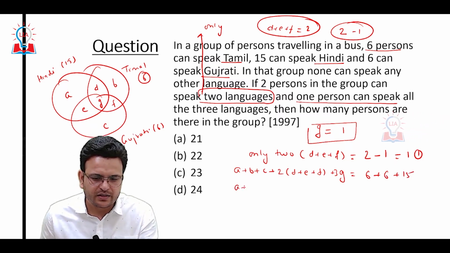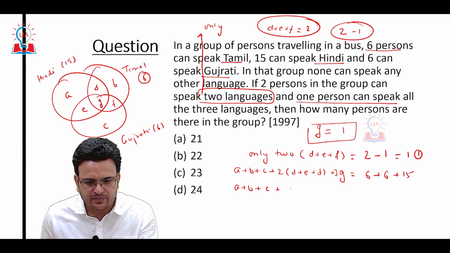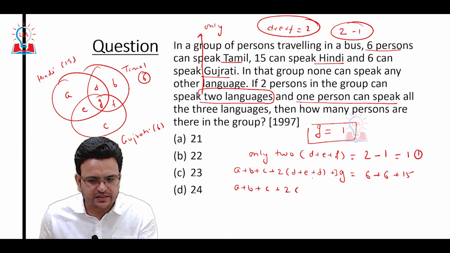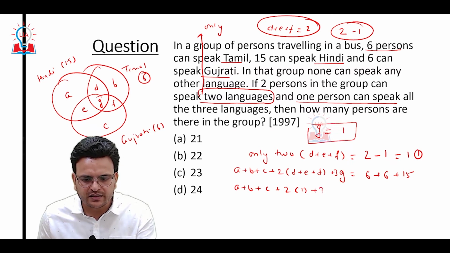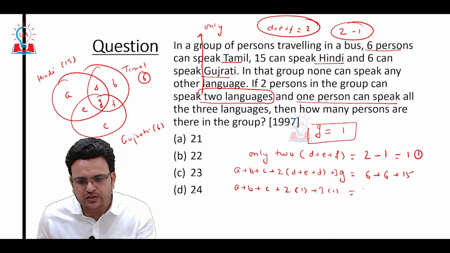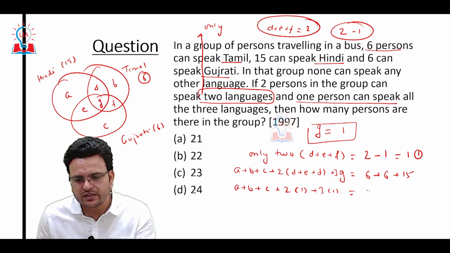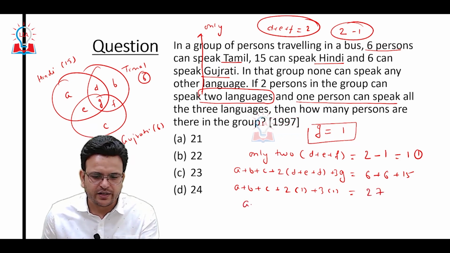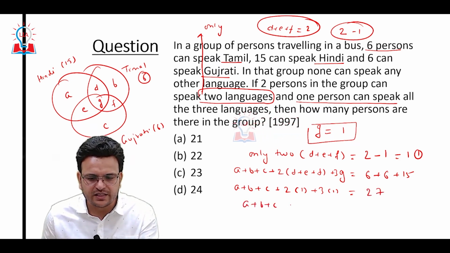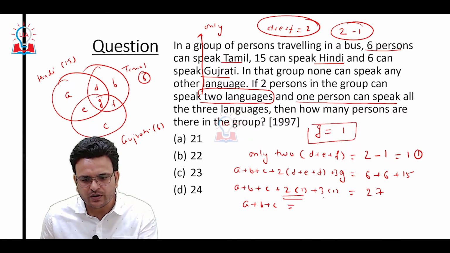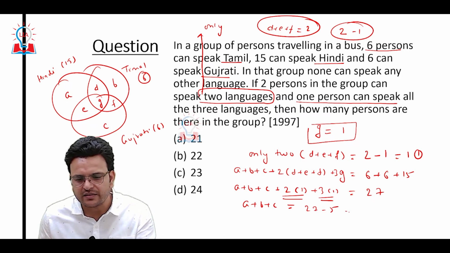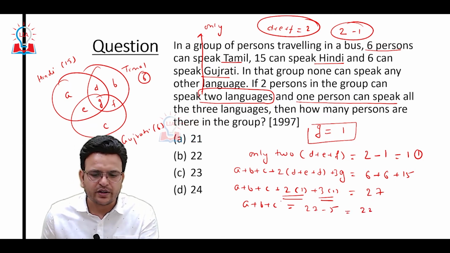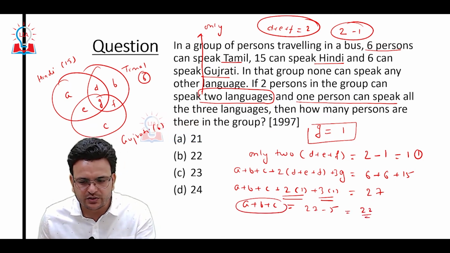So A plus B plus C plus 2 times DEF, where DEF equal to 1, and G is also 1, 3 into 1, equal to 27. So A plus B plus C equal to 27 minus 5, equal to 22.